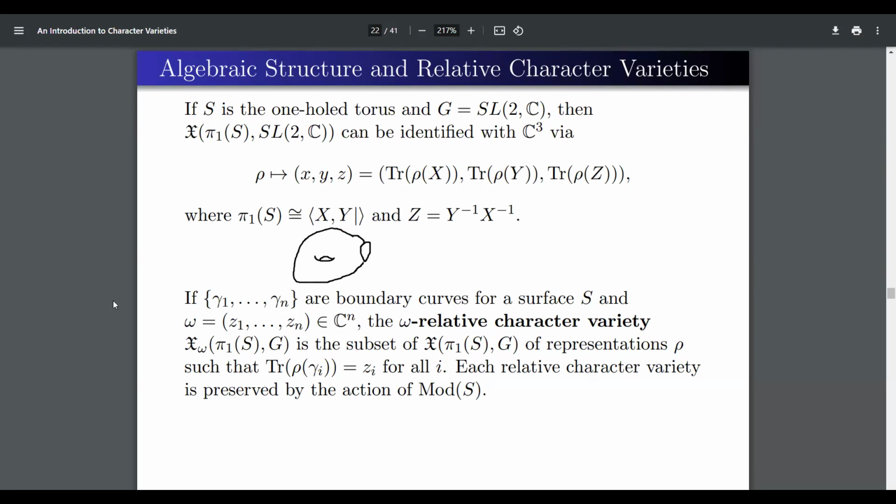And here, X can be this loop, Y can be this loop, and these two generate the whole fundamental group of the surface, actually. And then Z is going to be their composition. So you loop around, and then you do a twist. In this case, Y inverse X inverse, which just defines an orientation on them, which I'm not going to draw right now.